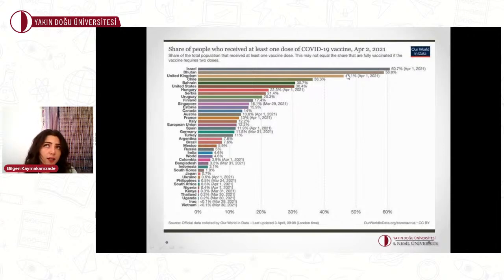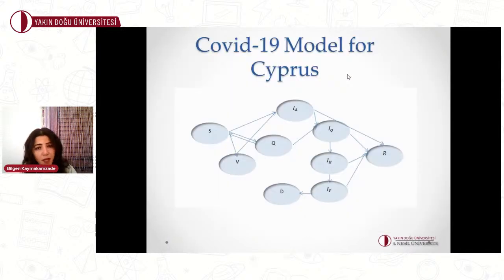And if we check today, in the UK there are no deaths these days because of COVID-19. So it shows us vaccine is really important for controlling the disease. And with our model, we can say the same thing.